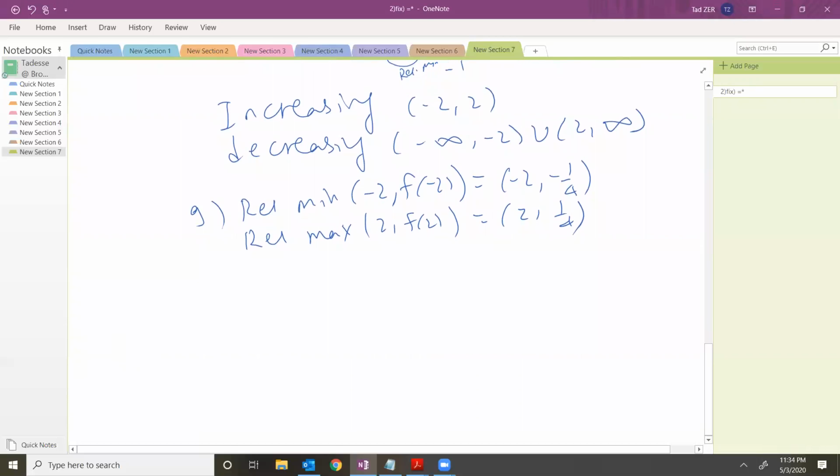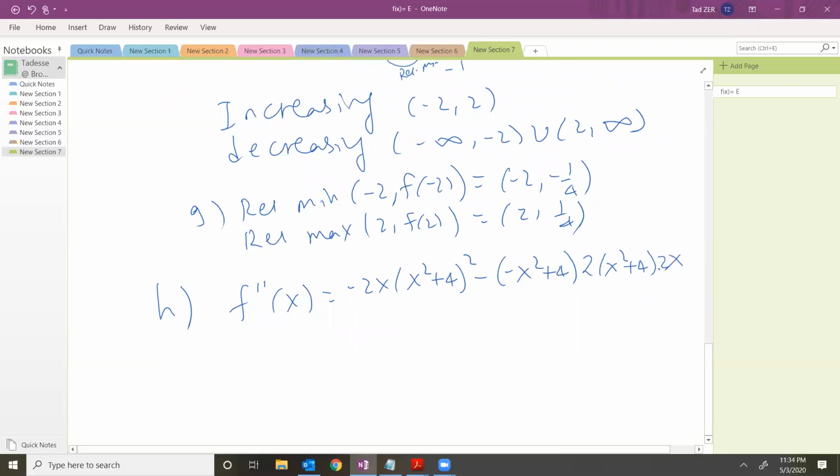For concavity, we need to find the second derivative. So let's find the second derivative. What is the derivative of -x squared plus 4 over (x squared plus 4) squared? It's -2x times (x squared plus 4) squared, minus (-x squared plus 4) times the derivative of (x squared plus 4) squared, which is 2 times (x squared plus 4) times the derivative of the inside, 2x, everything divided by (x squared plus 4) squared squared, which is to the power of 4.